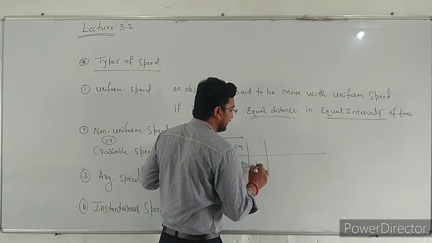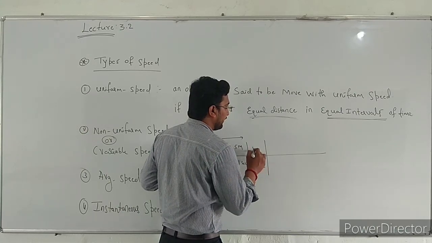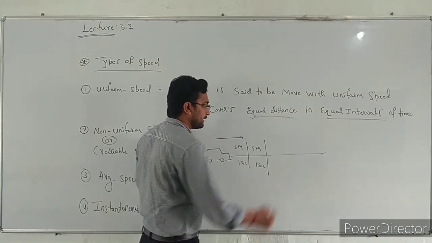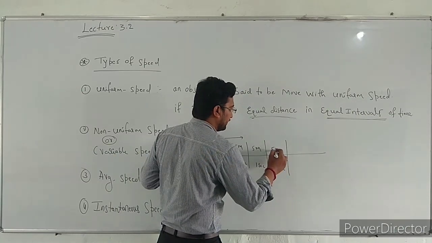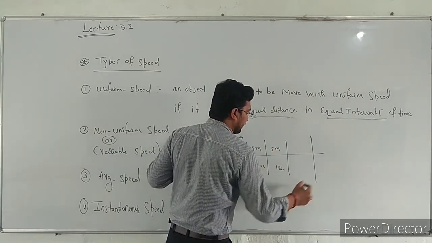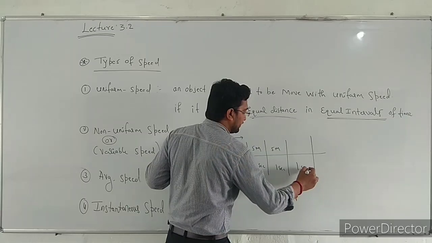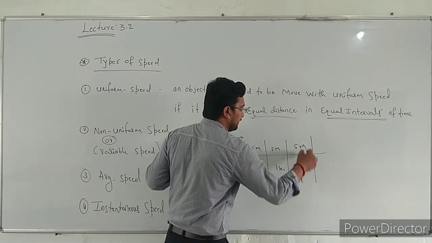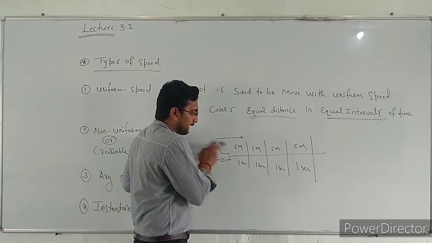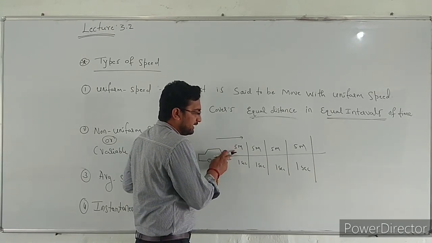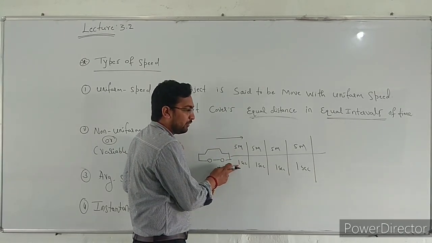In the next second, again it covers 5 meter. In the next second, again it covers 5 meter, and in the next second, again 5 meter. In this case, the vehicle covers equal distance in equal intervals of time.